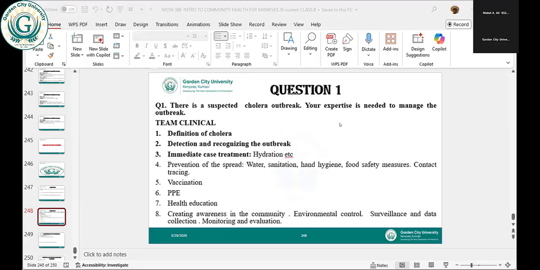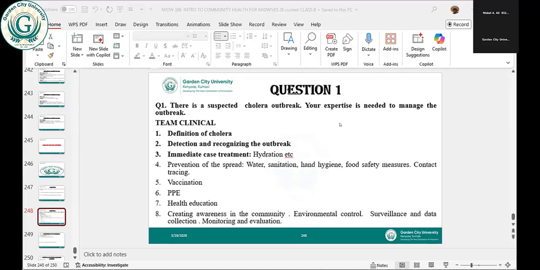Awareness creation. You didn't even notify people that there is an outbreak. That should be the first thing under preventing the further spread. I realized that you people did your thing, forgetting that I was in the class and I said that managing an outbreak involves 3 things. I wanted you to use whatever we have done in class to manage the outbreak, not to be going to sit on Google or whatever.